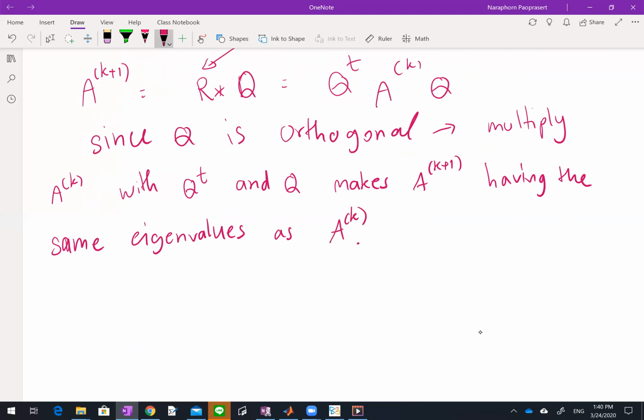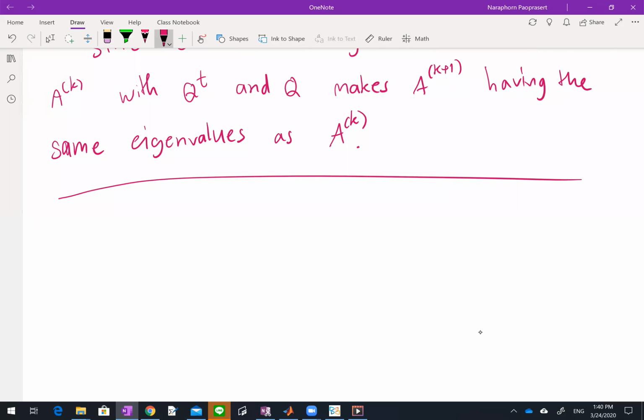So you can do it many times, and this is going to guarantee that your Ak plus 1 is still going to have the same eigenvalues as the Ak. And this is why the method works. So now the only question is, how do we construct Q and R?